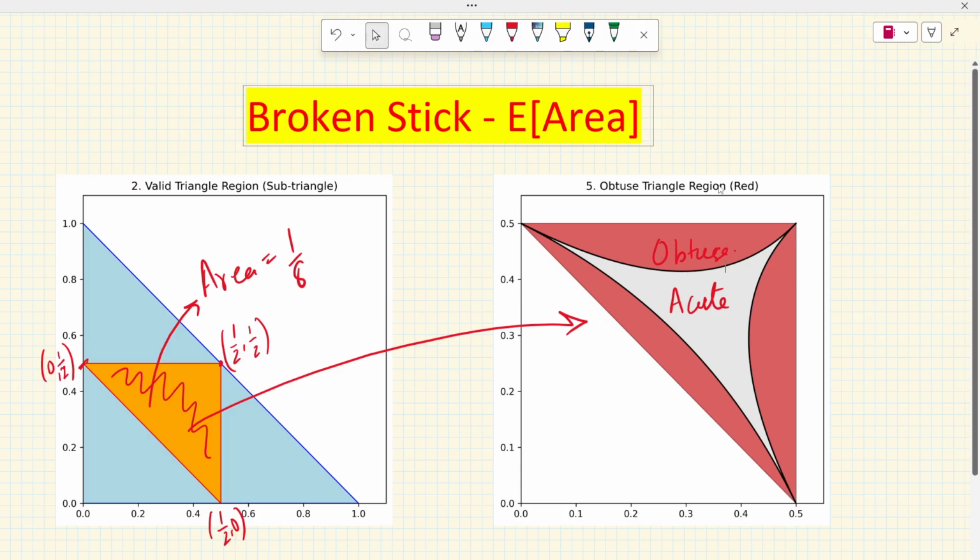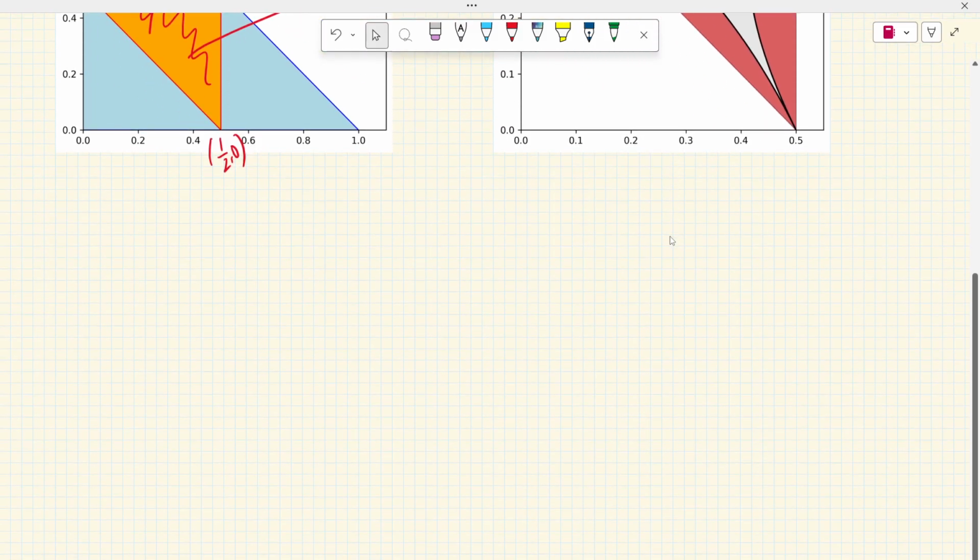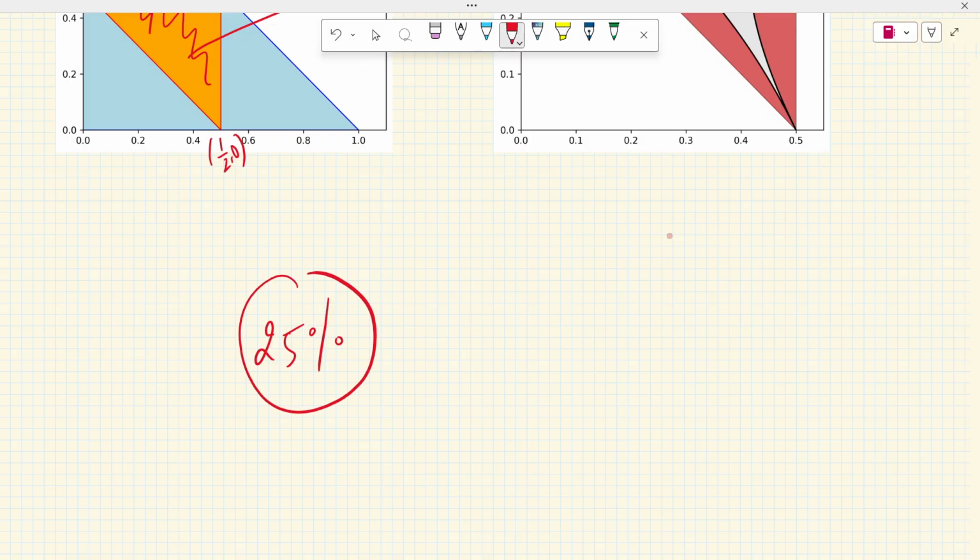So today I would like to focus on this: first of all, we only form valid triangles 25% of the time. But the times that we actually do form a triangle, what is the expected area of those triangles?